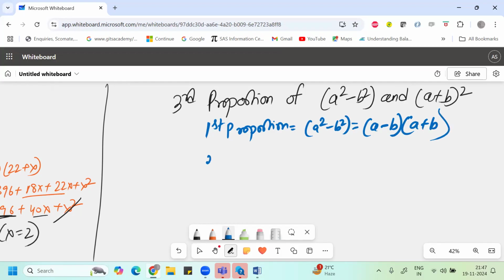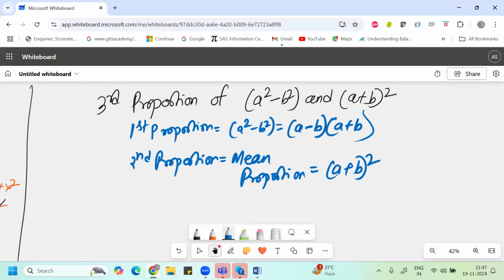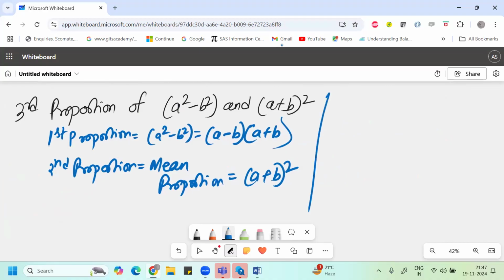Then your second proportion, Zaiba, is also called the mean proportion, and that is given to you as a plus b whole square. Whenever you get a question on mean proportion or third proportion, always remember the formula a by b is equal to b by c, where a is your first proportion, b is your mean proportion, and c is your third proportion.